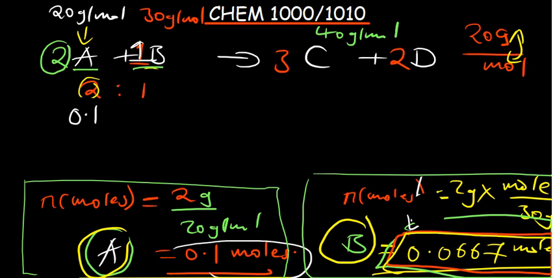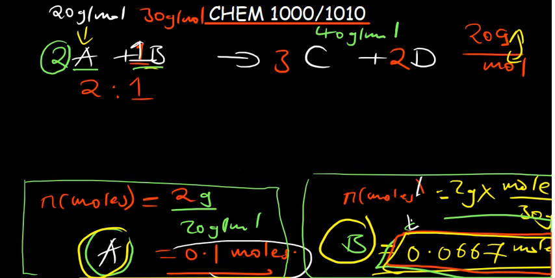So now we're trying to understand the importance of the mole ratios, right? So we are saying A and B are in the ratio of 2 to 1. Can you see that? So we can clearly see that the stoichiometric coefficients are 2 and 1 for A and B respectively.